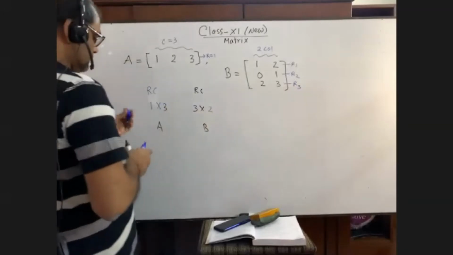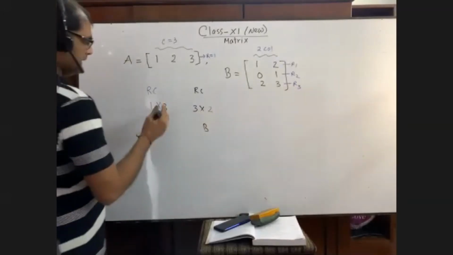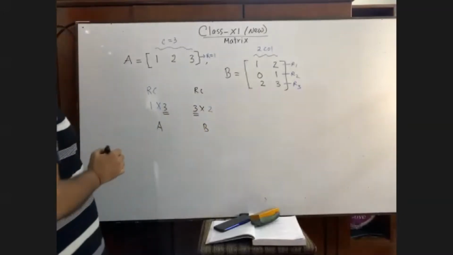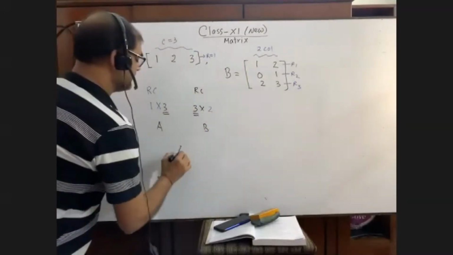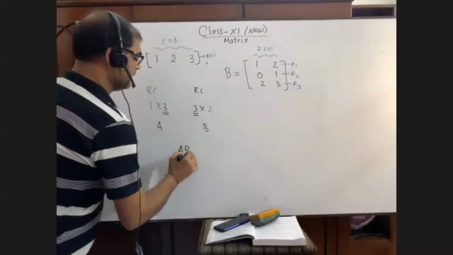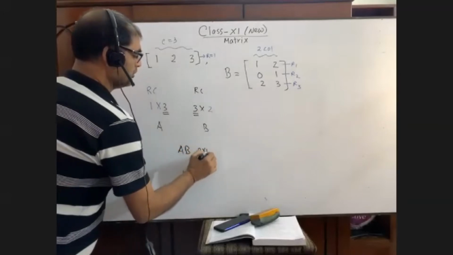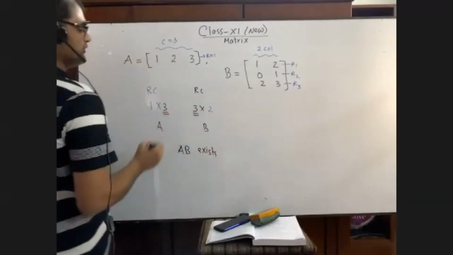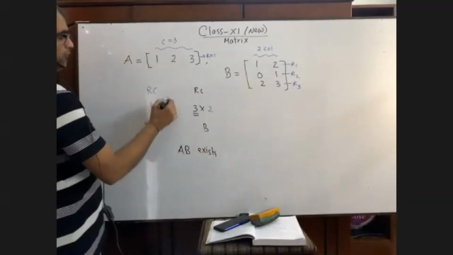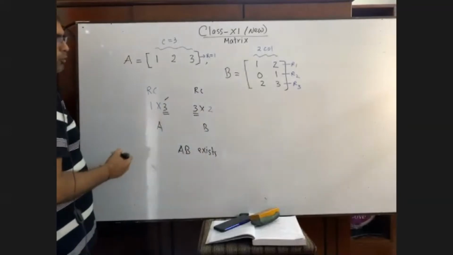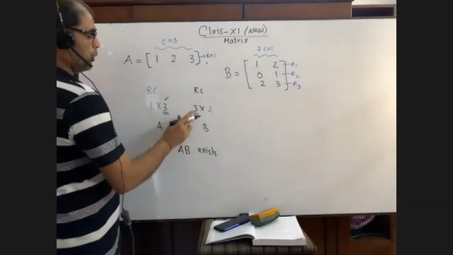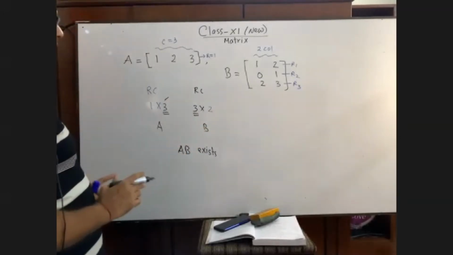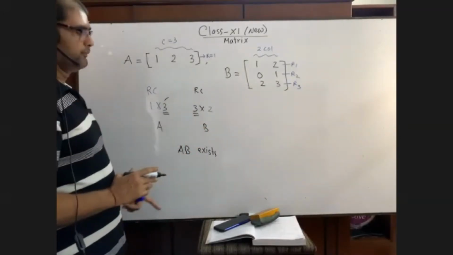If these two are the same, then only their product AB is possible. Otherwise not. The columns of the first matrix must equal the rows of the second matrix. Then it is possible to determine their product. You understand?